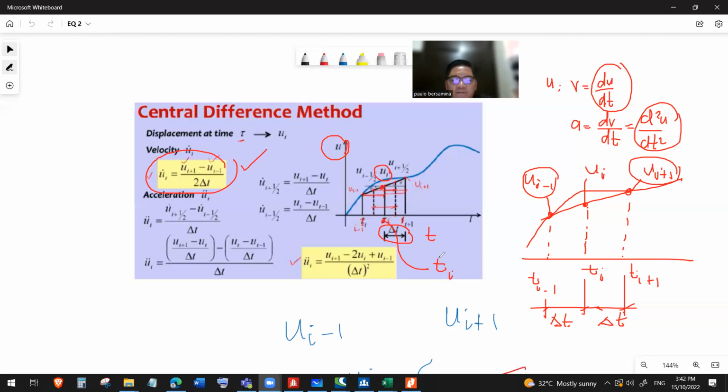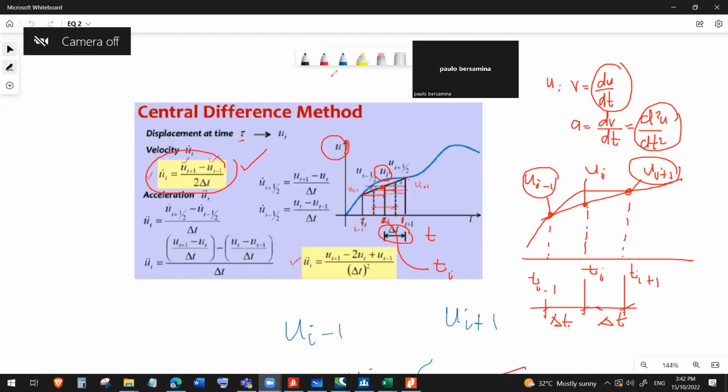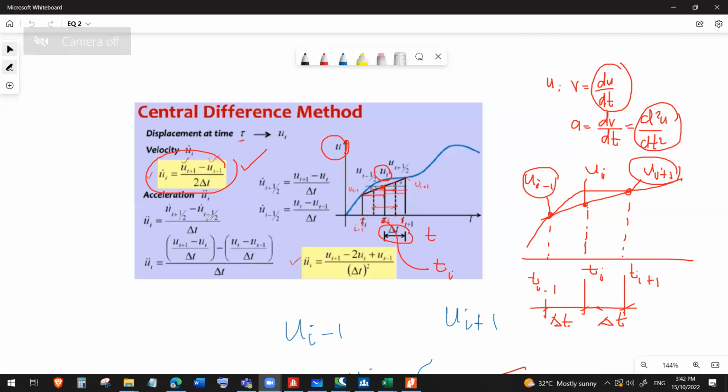Okay. Then if we have gotten that value, we can now come up with the acceleration, because we already have the velocity. So for the acceleration, instead of u sub i plus 1, what is used here is u dot at i plus 1/2 minus u dot at i minus 1/2, over delta t. So that is it. It only covers delta t.